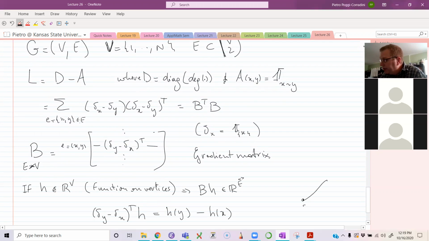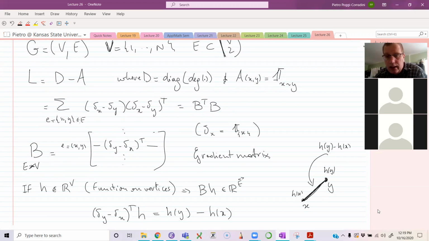You have two nodes, x and y, and you have a function here, H of y, H of x. And the gradient matrix gives you the difference and assigns it to the edge. So it's kind of like a derivative or a gradient in calculus.